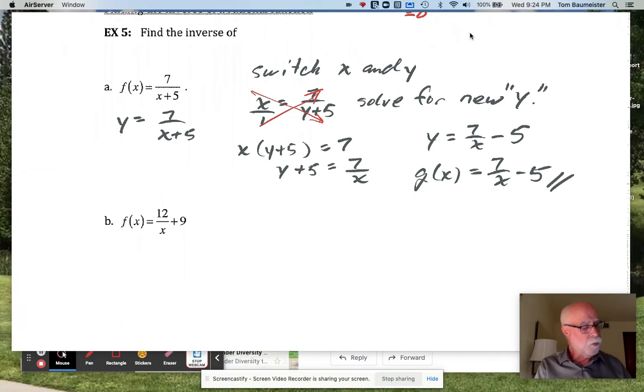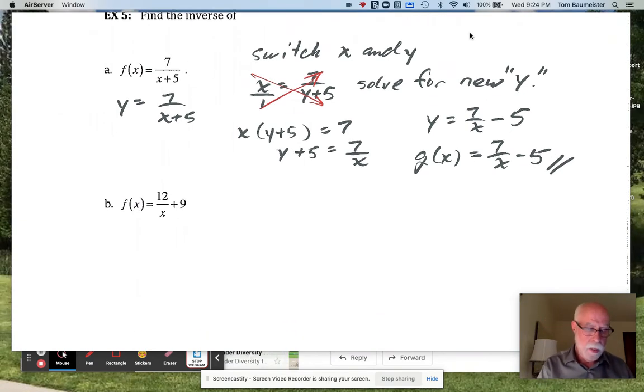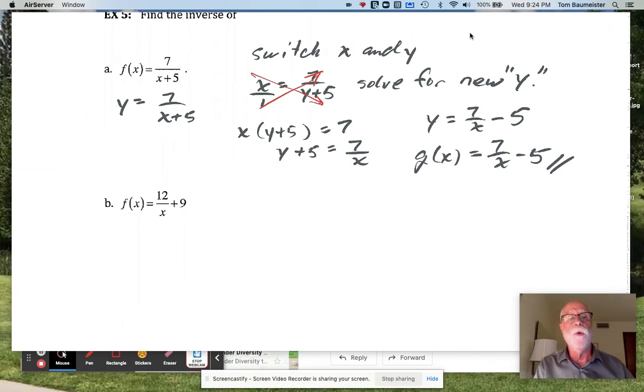All right, so I just wanted to show you how both of these kind of look the same, but they're slightly different. So on this next one here, I'm going to do the same thing. All right, so I'm going to go y is equal to 12 over x plus 9.